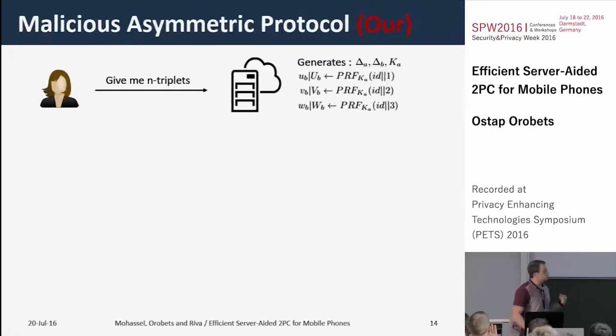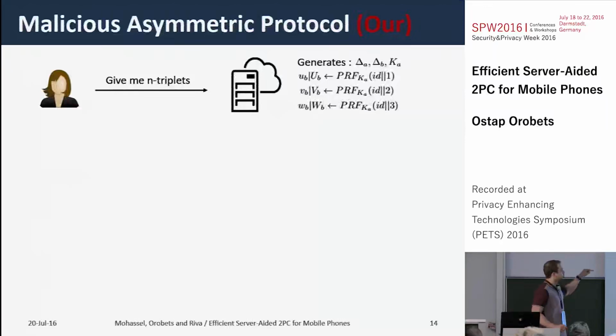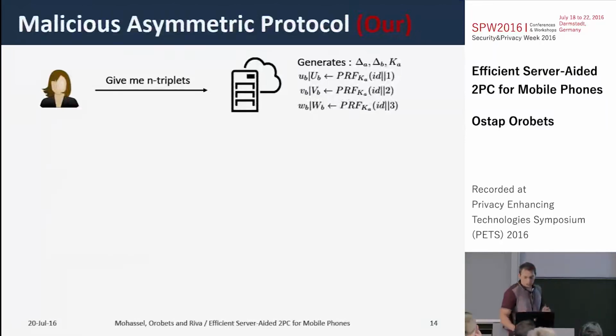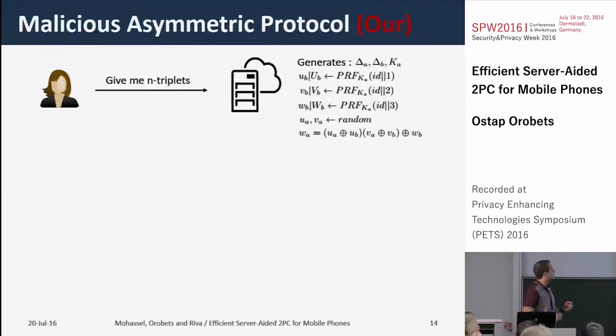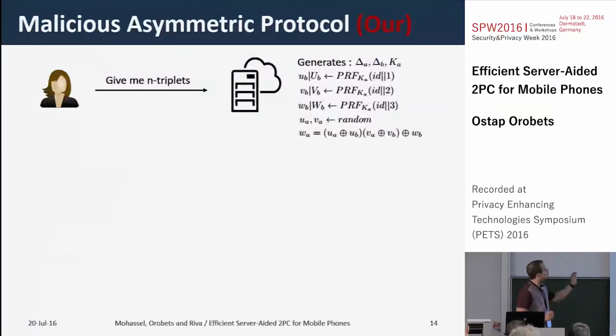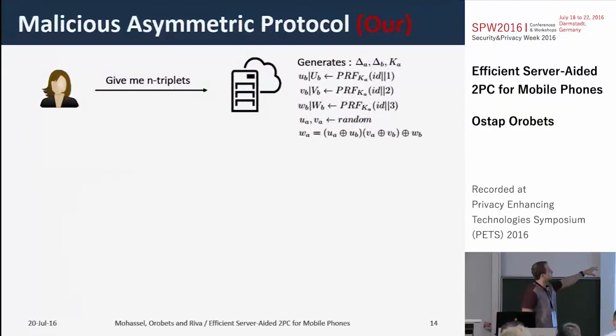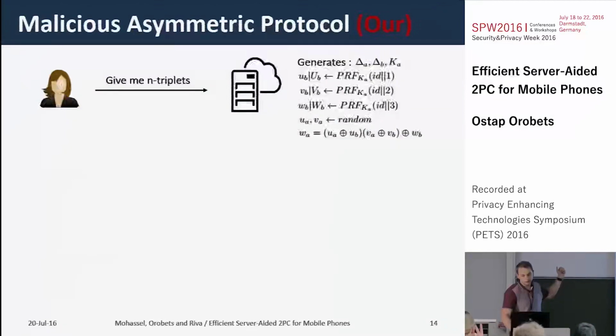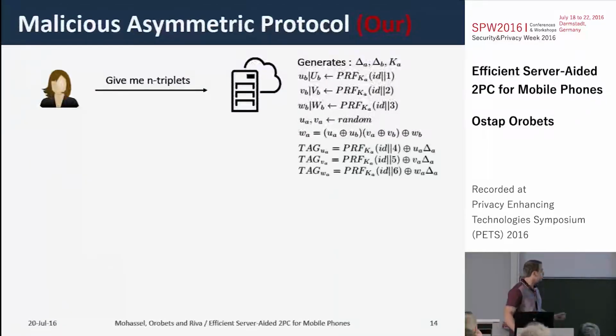Then it uses a PRF that generates Bob's triples and the tags on them. Then he picks at random 2 of Alice's shares and sets the last value WA for Alice's triples.